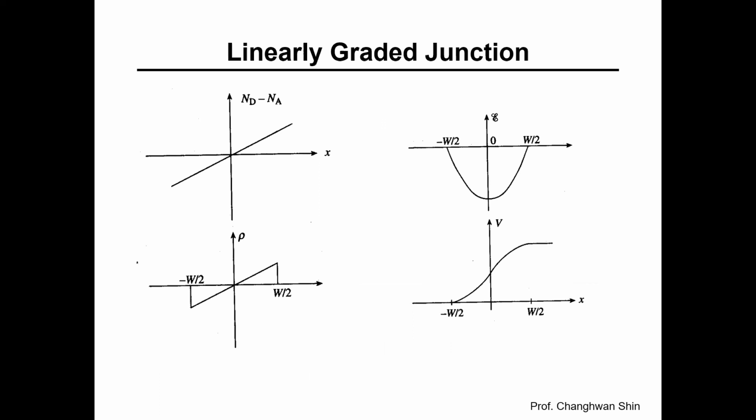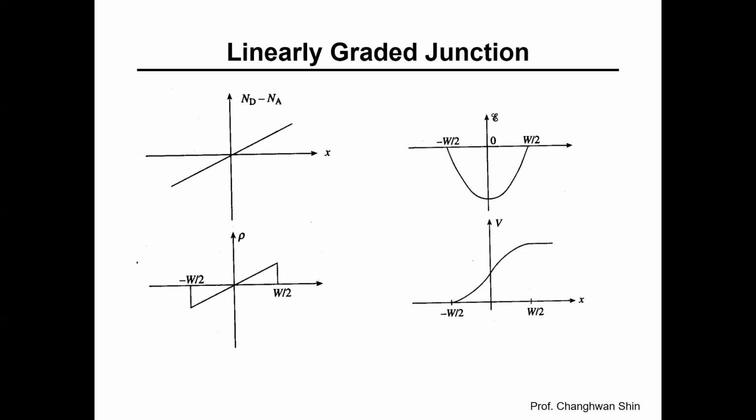Now, let's take a look at the linearly graded junction. While we have focused on the abrupt junction, where doping changes suddenly at the metallurgical junction, real devices often have doping profiles that change gradually. A linearly graded junction is one where the net doping concentration ND minus NA changes linearly with distance.